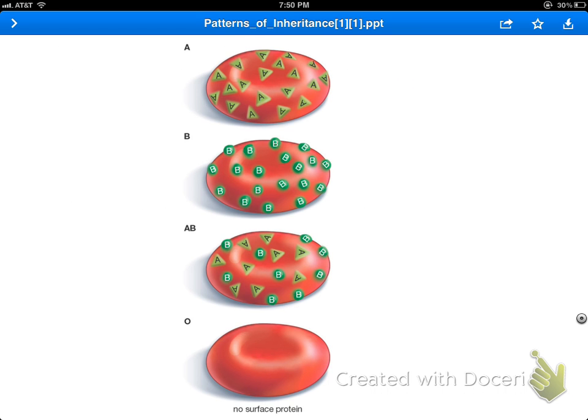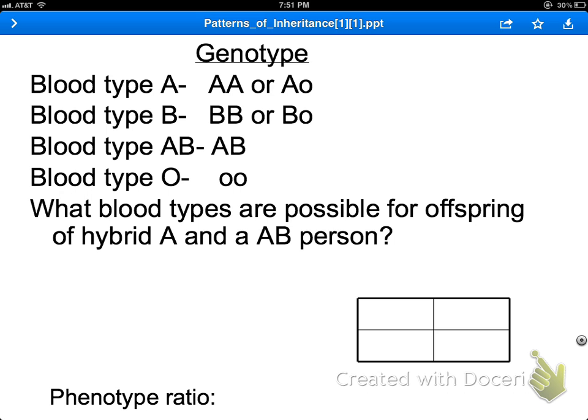This is what your blood looks like. If you have A blood, you have A proteins on it. B blood, you have B proteins on it. If you have AB blood, you have both A and B proteins on your blood. And O actually has no proteins on it. All 4 of those are equally healthy in all human beings.